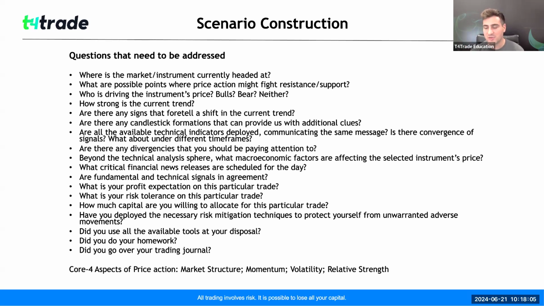Okay, so I'm using my trend lines, my support and resistance levels, and my channels to make sure that I have the direction of the market correctly, and then I move on from that. So we're looking at market structure, in other words. Where is the market headed? What is the current trend right now?